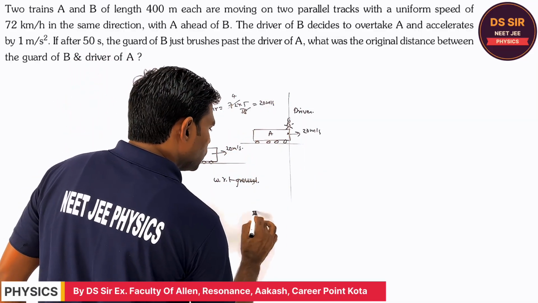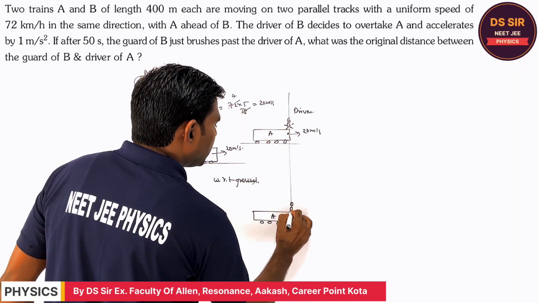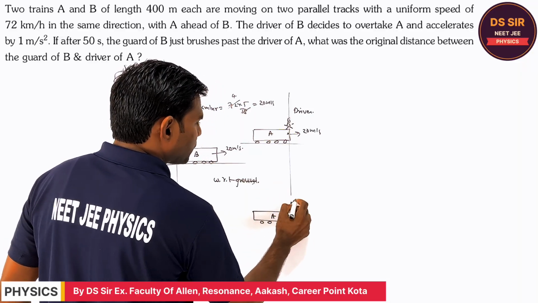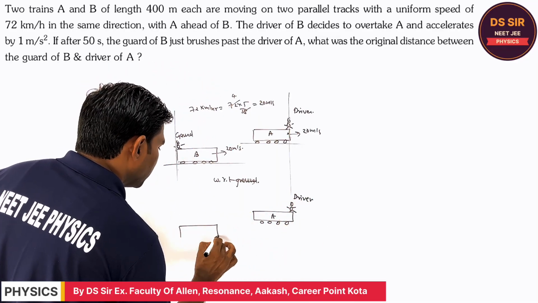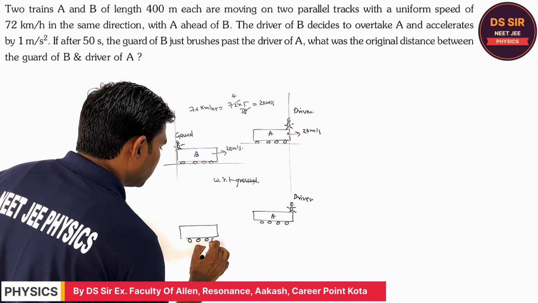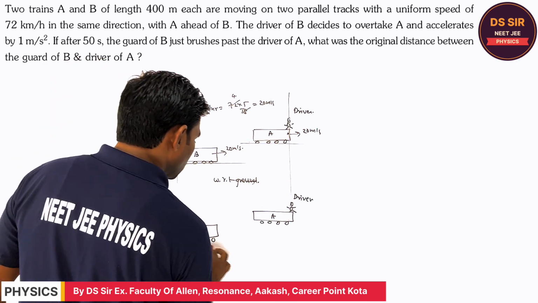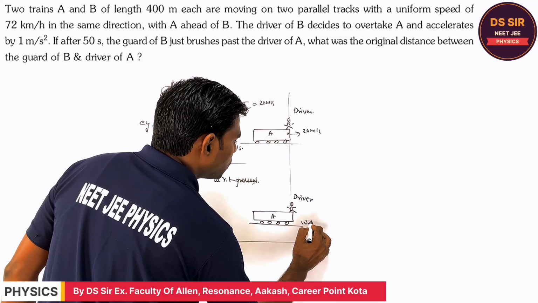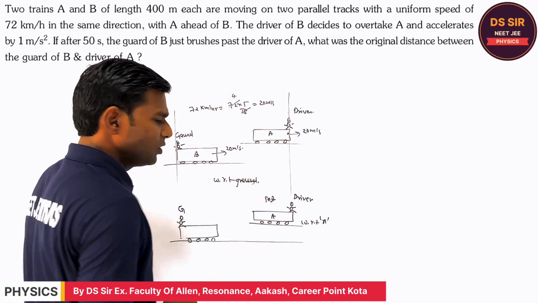Yes. If you make the figure with respect to A, it means the driver of A is seeing the driver of B. Is it clear? Seeing the guard of B. Is it clear? So I'm making it with respect to A. So A will be at rest. Are you getting or not?